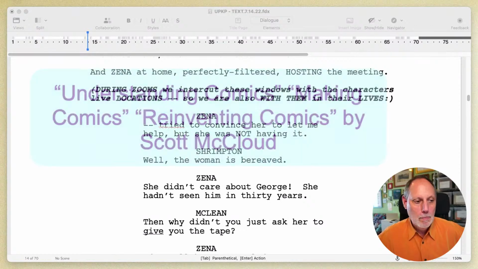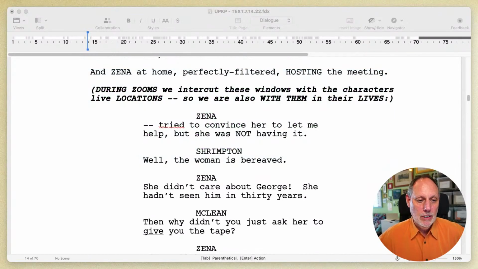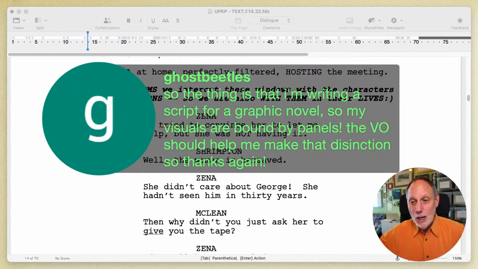Yes, I have. Understanding Comics, Making Comics, and Reinventing Comics by Scott McCloud. If you have not read those, you really should if you are working on a graphic novel. But yes, VO is great when you're doing a graphic novel.